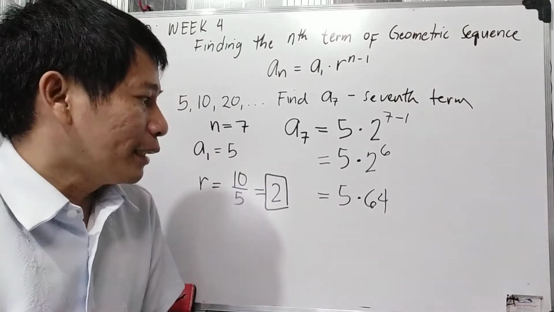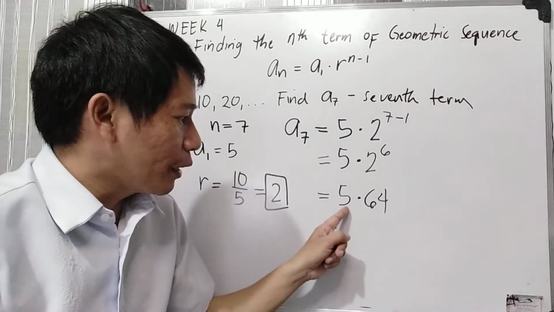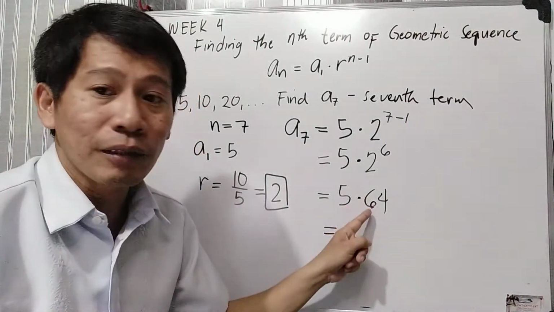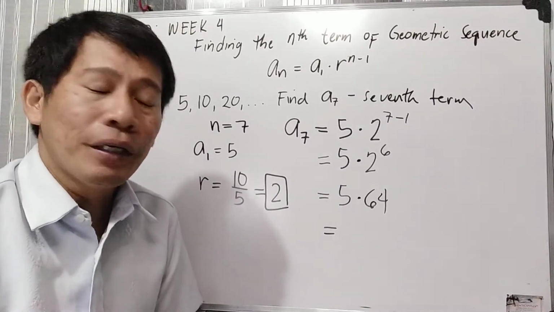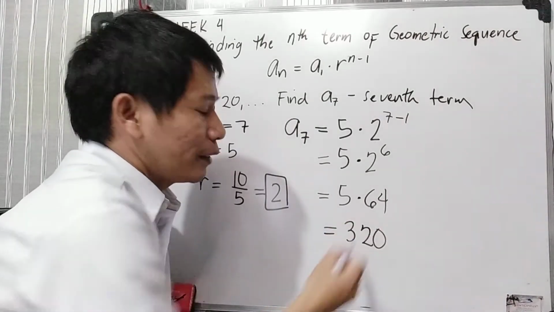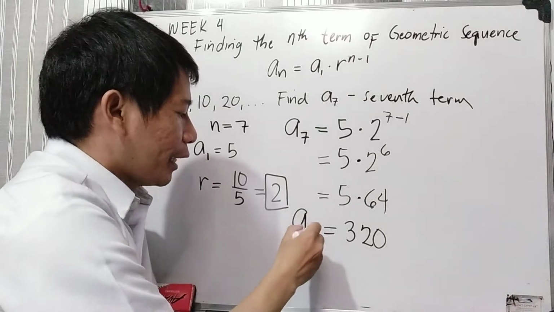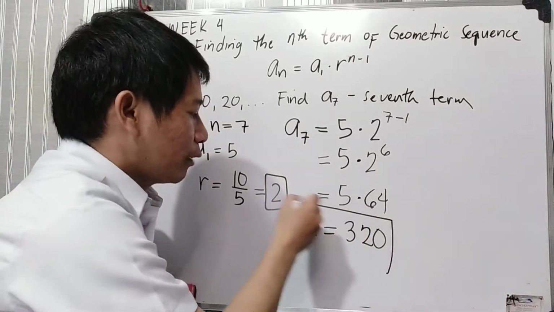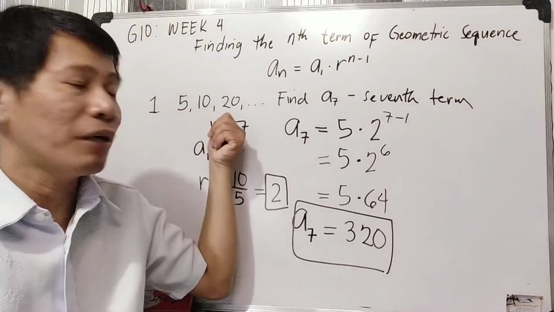Then finally, we will now multiply 5 times 64. What is 5 times 64? The answer is 320. So that will be our a sub 7, or our 7th term of this given geometric sequence.